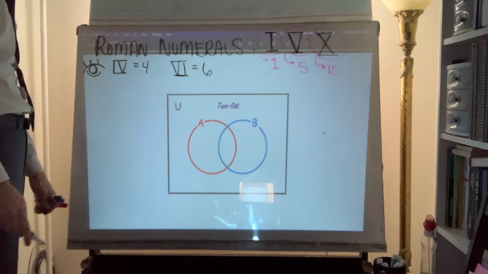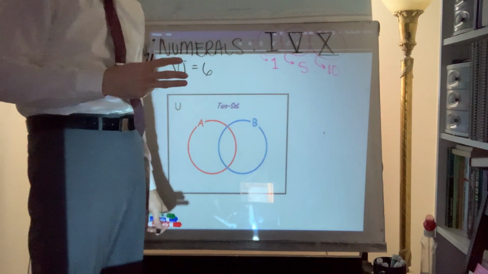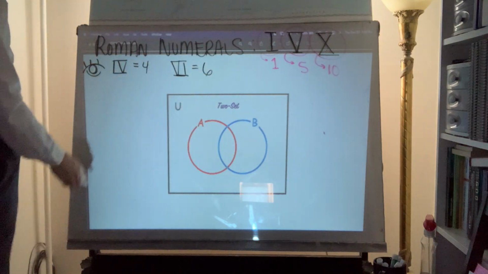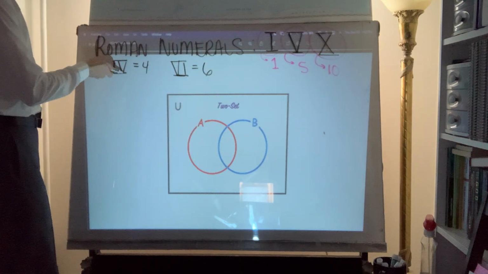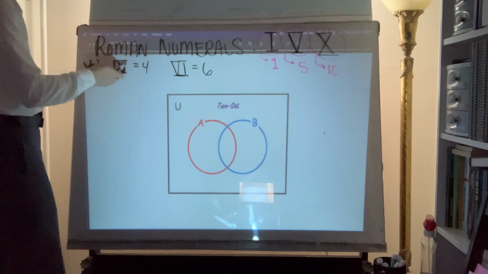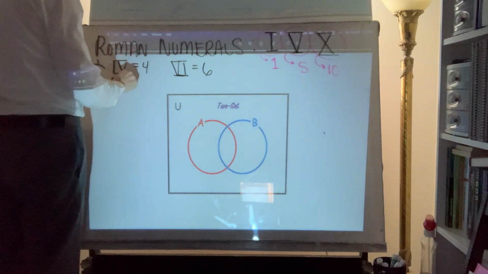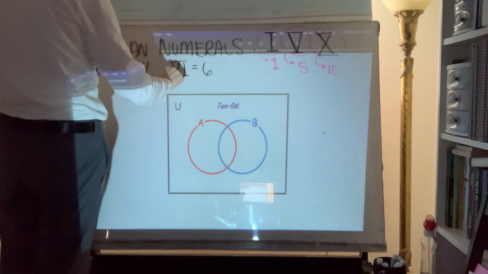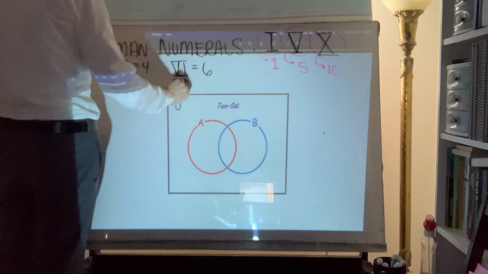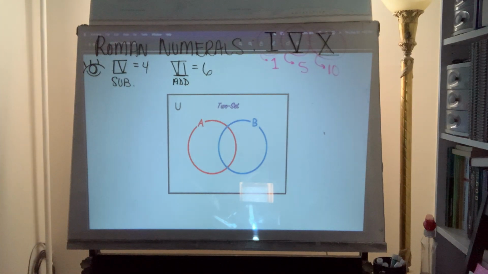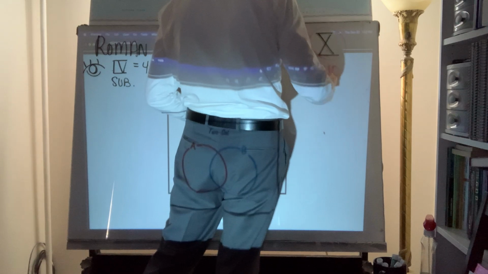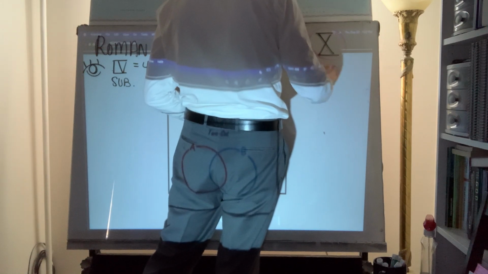The rule is you can only repeat 3 iterations of any one of these symbols. The smaller number before the larger number means you subtract. The smaller number after the larger number, reading from left to right, means that you add. So again, worst case scenario, you would see something like that.